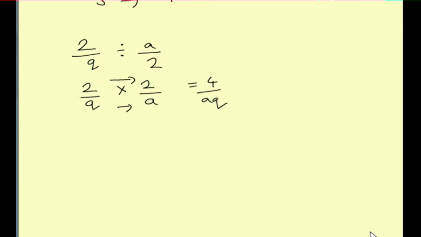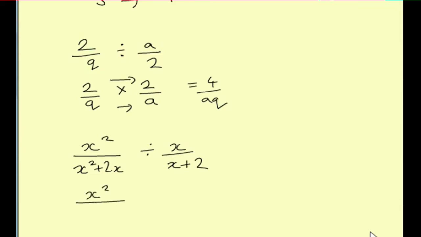Okay, so let's do one more example with division. Let's do something more complicated. Let's do x squared over x squared plus 2x divided by x over x plus 2. So how would you do this? Well, we have to factorise on the bottom of the first fraction, on the denominator, so we can do that.